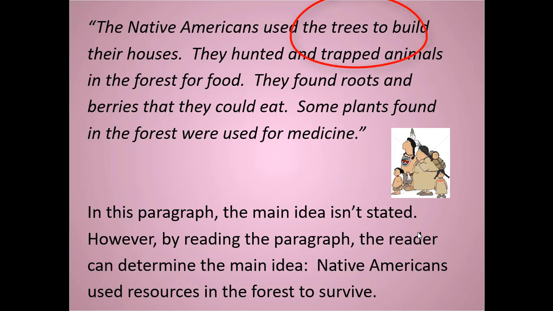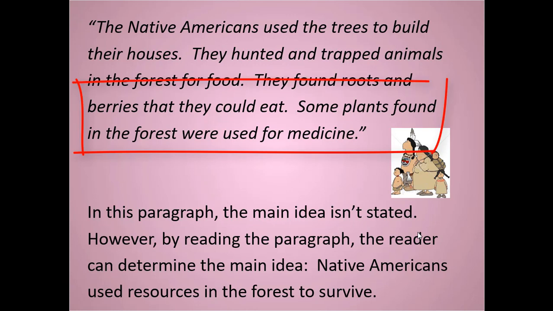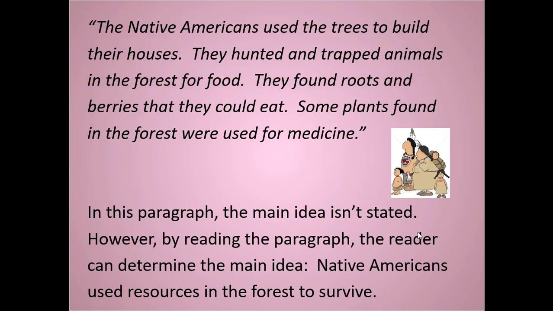What are the trees for? Building their houses. And what else? For example, they hunt and trap animals. Okay, and then also making use of roots and berries so they can eat, and also some plants for medicines. All right, so this is implied, it is not stated. That's what I mean by an implicit topic sentence.